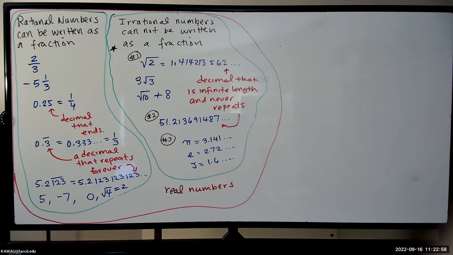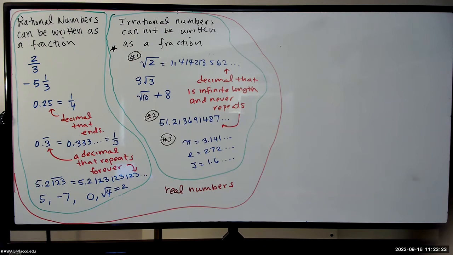Now, one question, Professor. Yes, please. Why is the 4.56 rational and irrational in the table? Oh, okay. Let me share screen again. So let's go back to here. Number six. Why is this one a rational number?